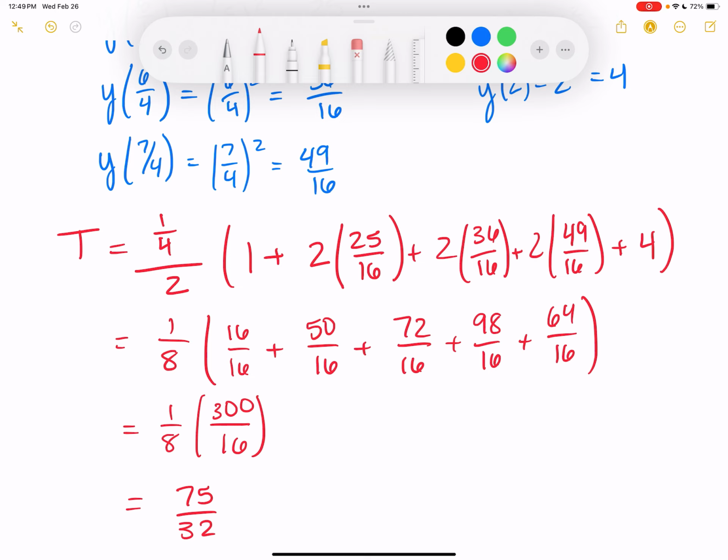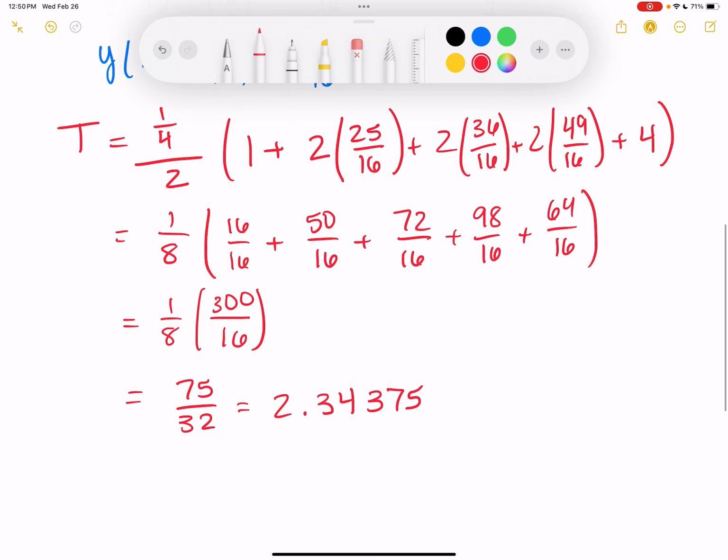Now, as a decimal, we get 2.34375. Now, if you go back and do the original integral in NINT, you would get 2.3 repeating.